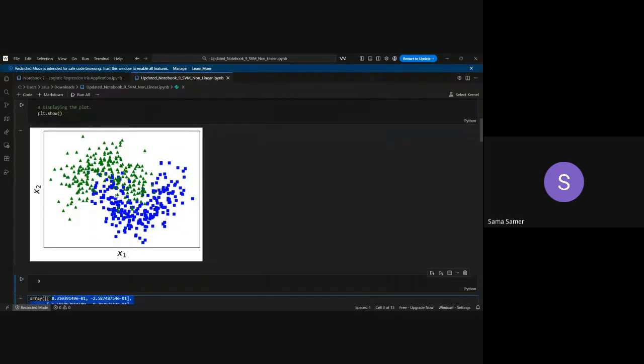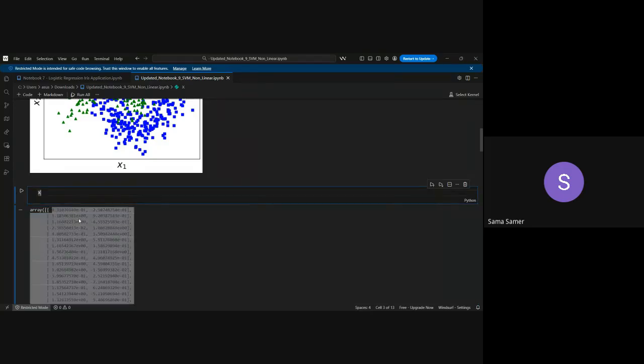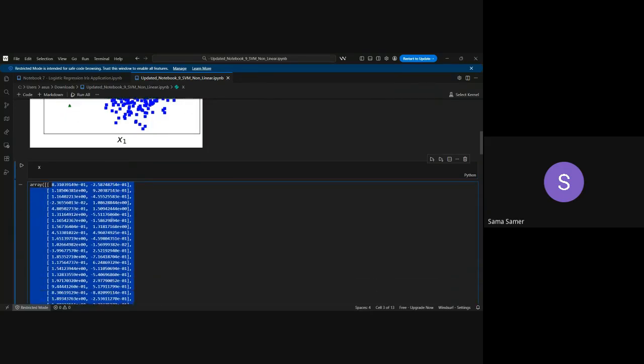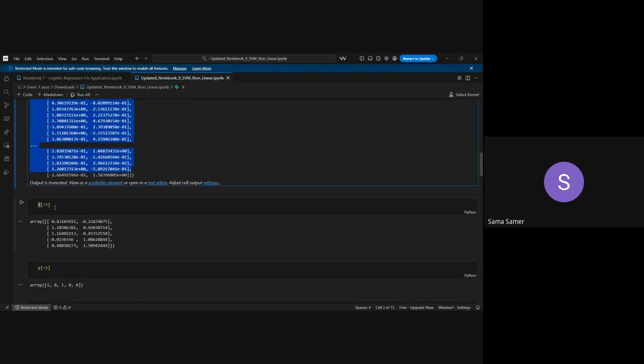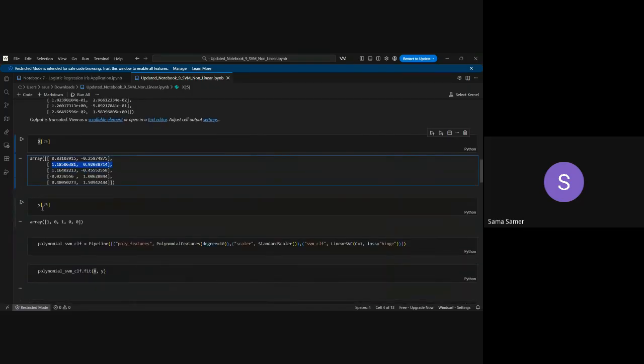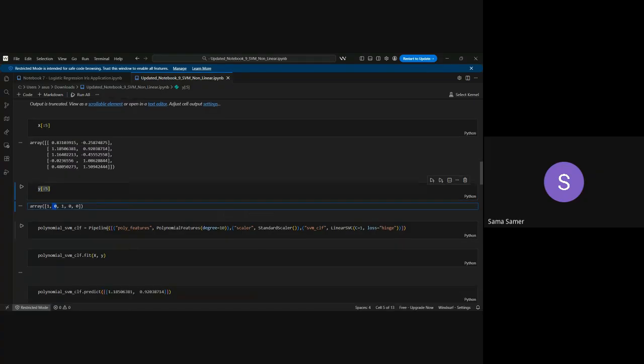These are the 2 features inside X, X1 and X2, which we are measuring the moons with. If we look at the first 5 values inside X, this is what we have: 0.83, minus 0.2, 1.18, 0.92, and so on. Then we have the Y, which is the target that we want to determine. We find that the first ones are 1, 0, 1, 0, 0.